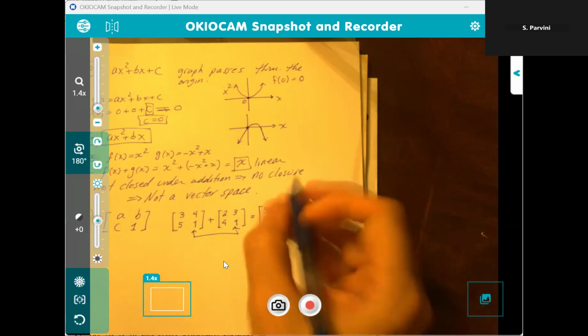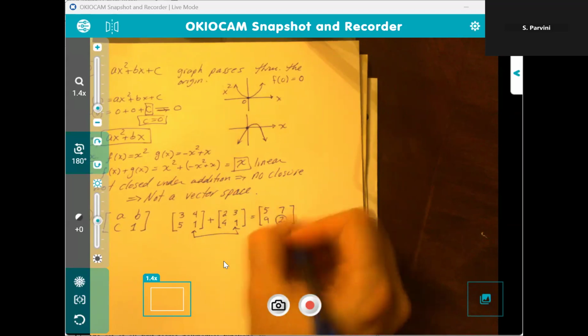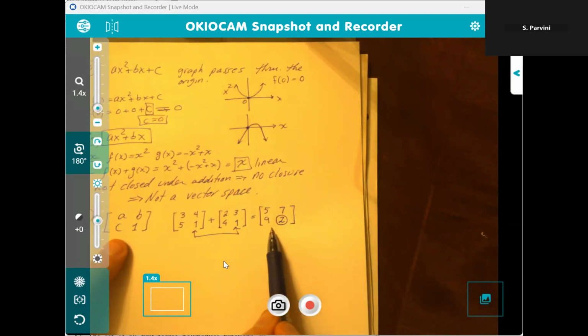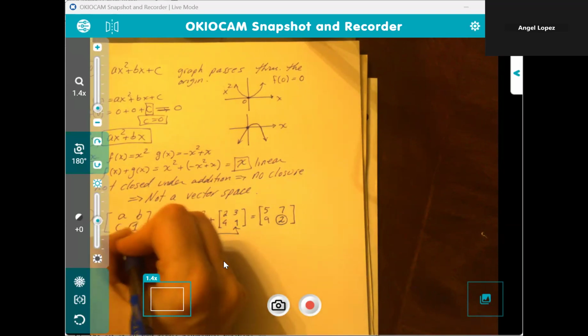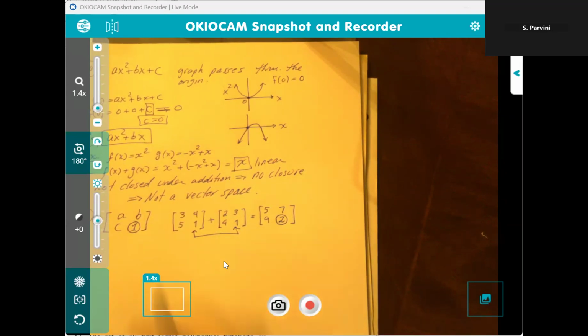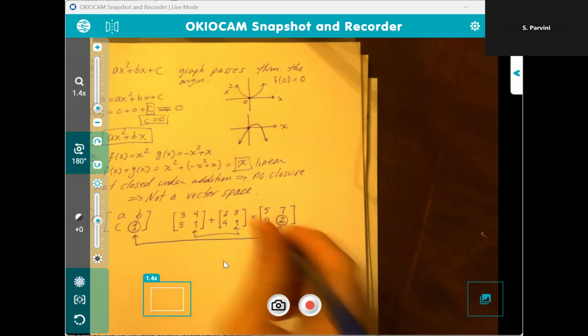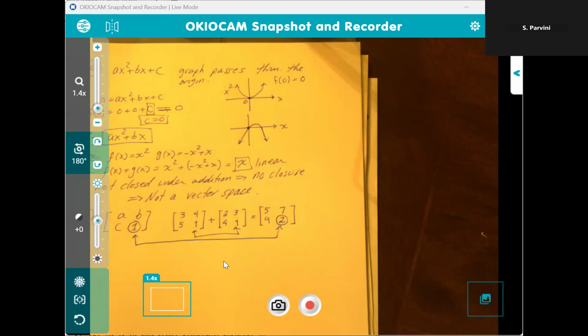So what do you think? Is this matrix in the set? Look at this one, look at that one. Does it look like the general structure? No. See, the set says your second row, second column must be a 1. It's not. So if this was a vector space, there is no guarantee that the sum will exist.